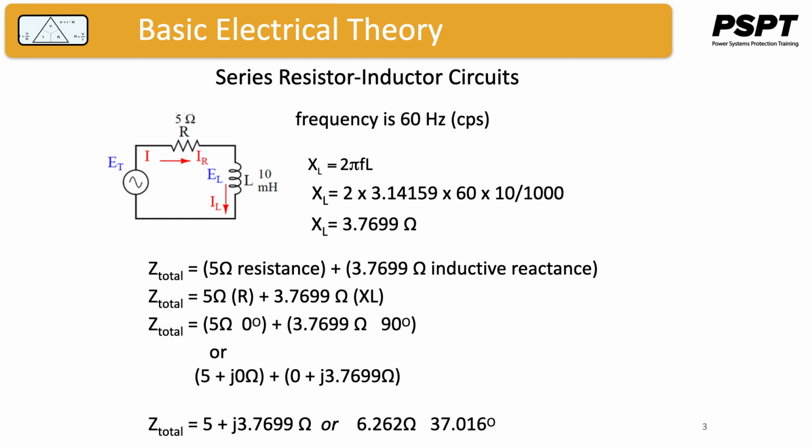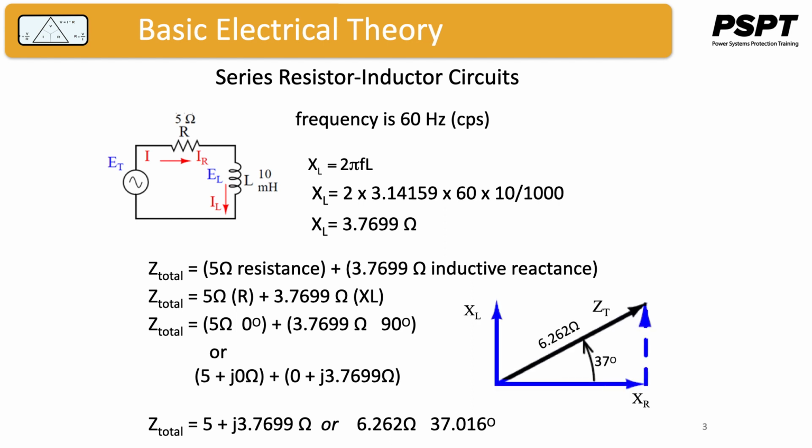The resistance is 5 ohms along the real axis, which is at 0 degrees, so it's 5 at 0 degrees. The reactance is at 90 degrees, so it is 3.7699 at 90 degrees.